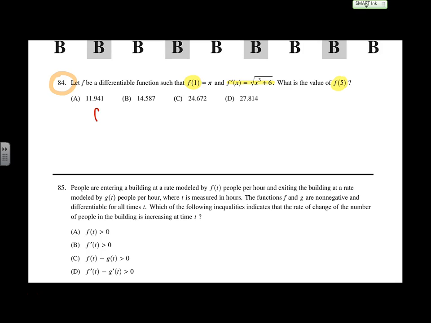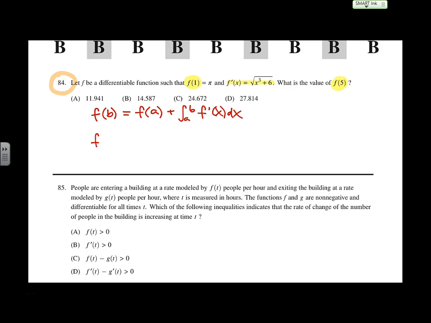It says, I will find you an f of b if you can give me an f of a and you know f prime. I will give you a final amount if you just give me an initial amount, a starting point, and a rate, because then with the integral we can find the change.